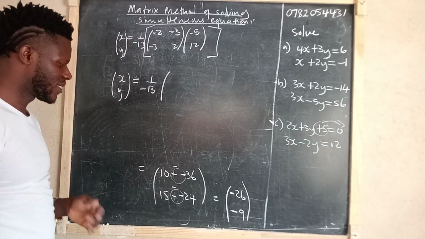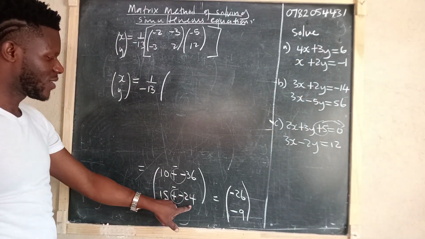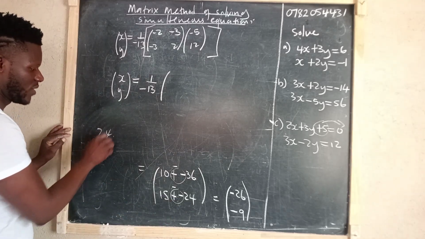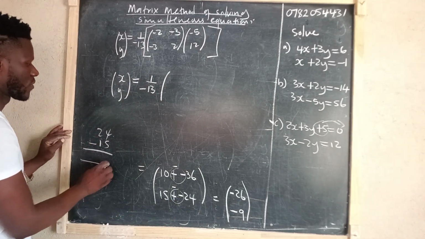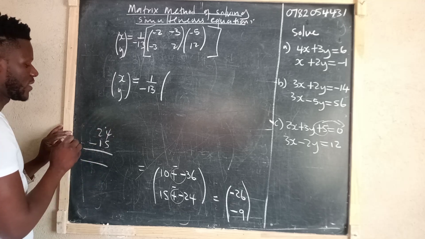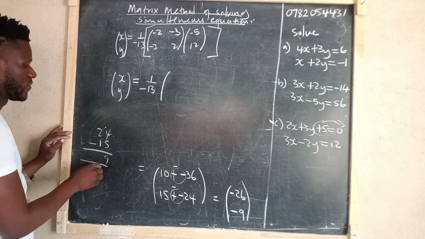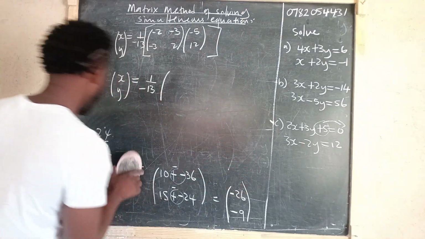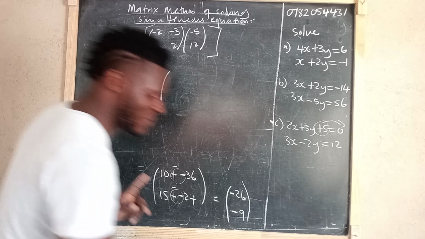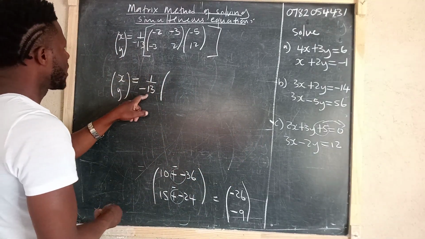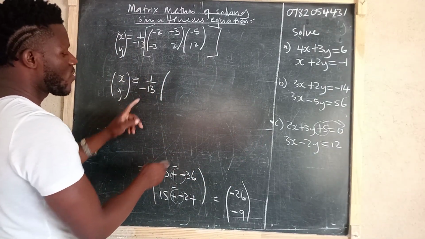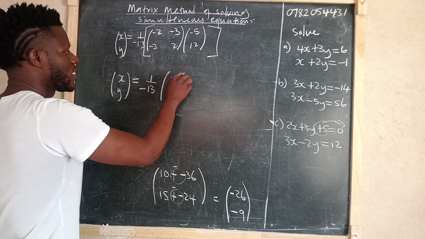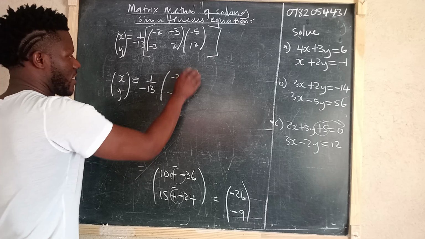I guess I made a mistake somewhere. 15 plus minus 24, 24 minus 15, 14 minus 5, you get 9. Anyways, I suspect that I made a mistake somewhere. Right, 1 over 13 is now multiplying this answer, minus 26 and minus 9.